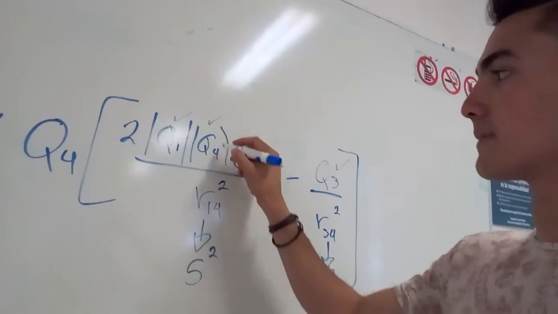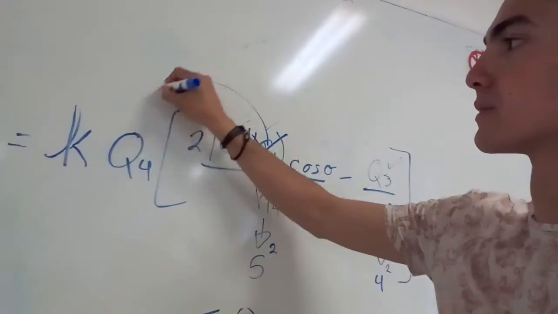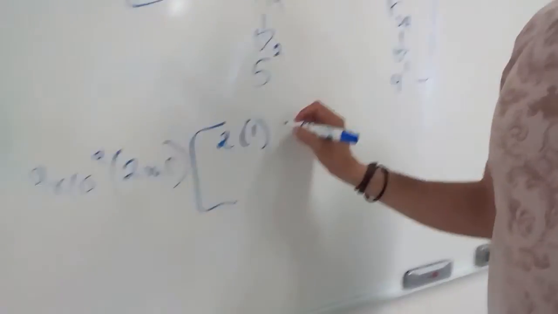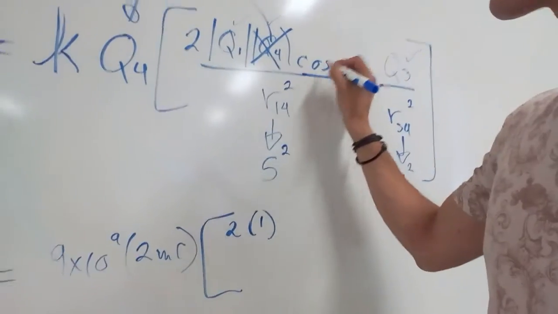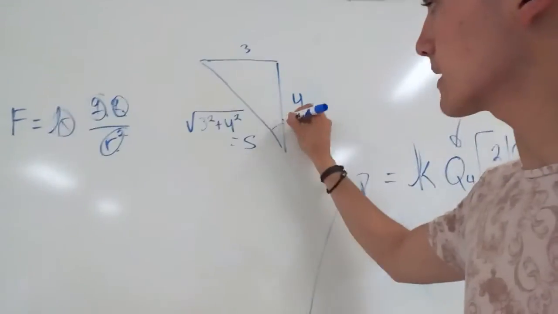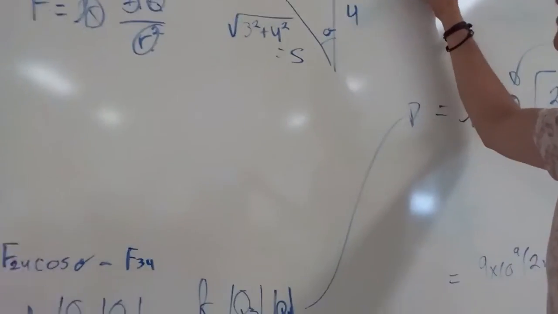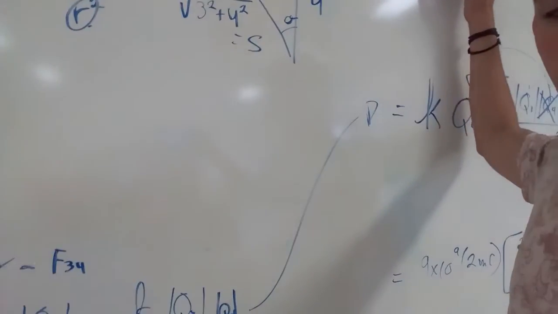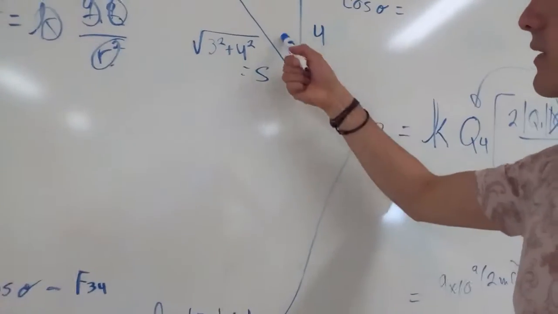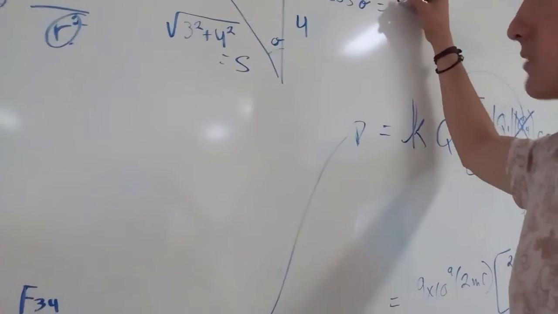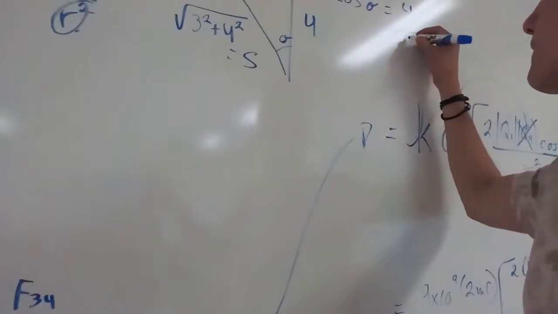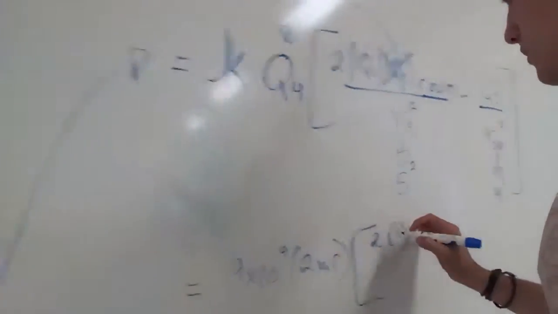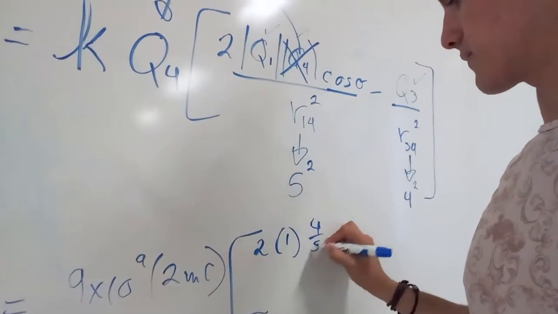Here we don't have to put this one because it is already here. Here we have theta, so the cosine of theta will be equal to the adjacent over the hypotenuse, that is 5. Okay, so here we put 4/5.